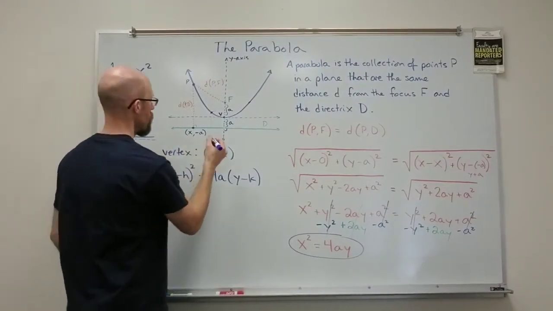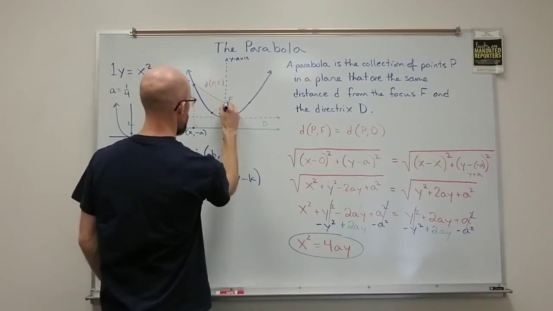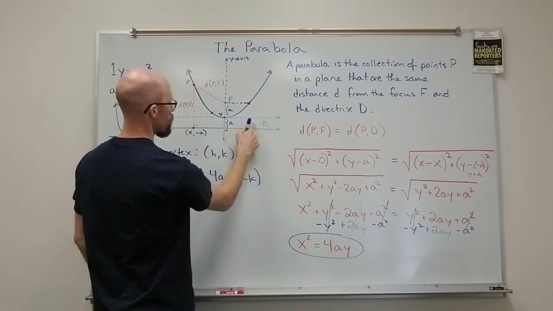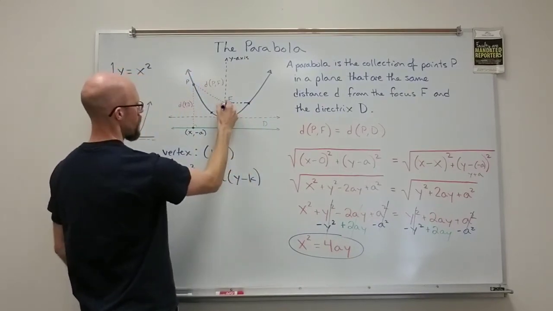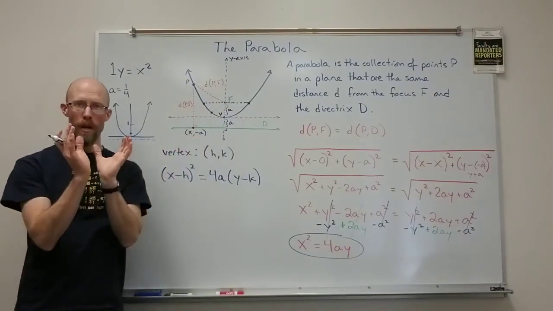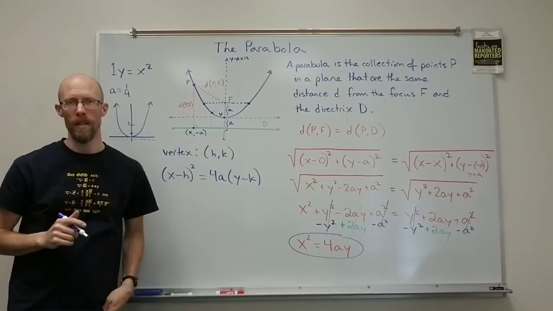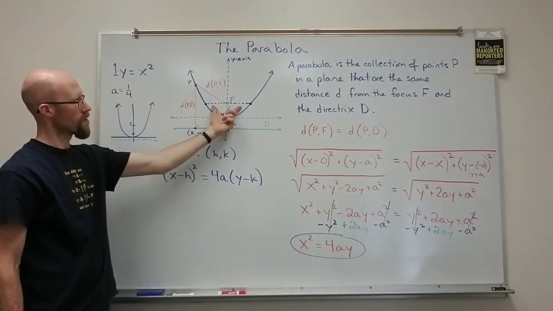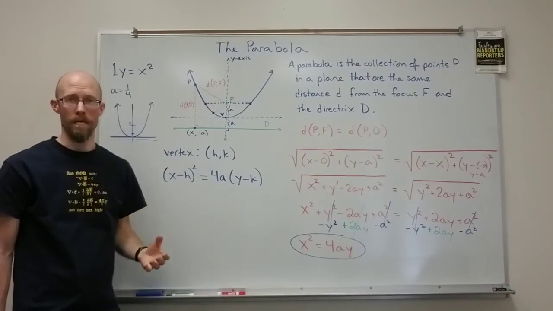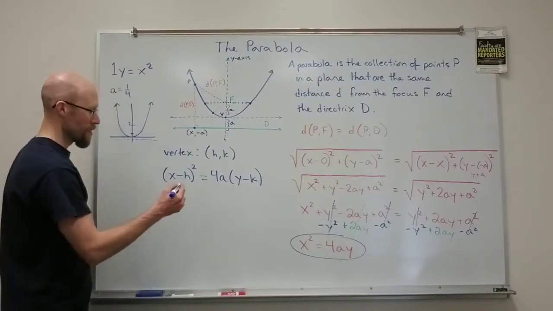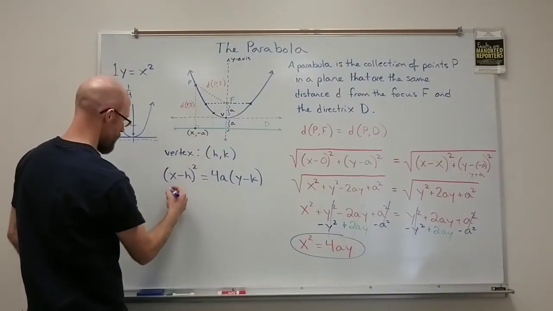If I were to draw a line segment that is parallel to the directrix, but goes across the opening of the parabola, that line segment is a good way to measure the width, or at least to sketch in how wide or narrow the graph is. This line segment is given a name. It's called the lattice rectum. Don't laugh, I know. But that's the word that it's called.